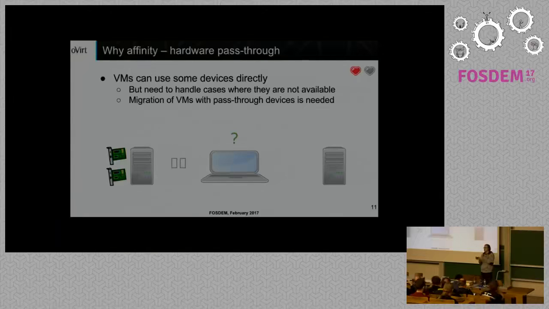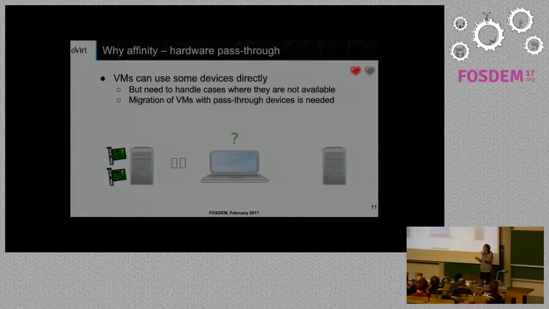Because your VM might start on a host that doesn't have the necessary hardware. When the host becomes available, we might migrate it there, and then it will connect to the device and start utilizing the accelerators, whatever. It can be a NIC, it can be a GPU.